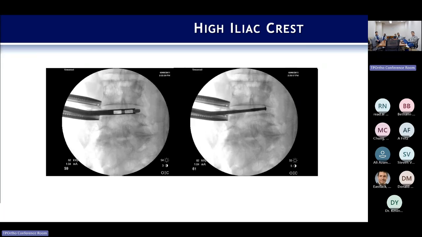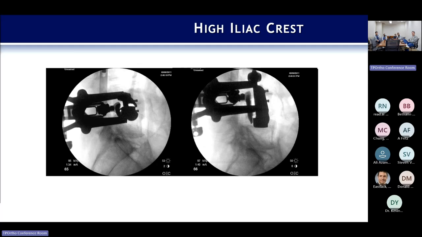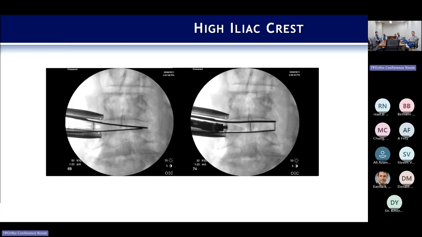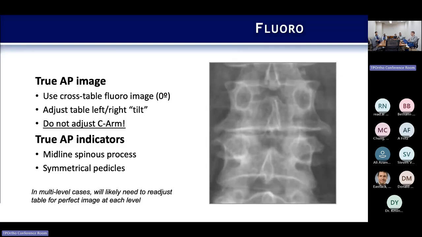You can see angled cobs, angled disc prep, angled box cutters if you need them, angled trials, and then angled implants to get the actual implant in place. So it's the same technique. It's just learning to work without being able to see it perfectly down the tube.